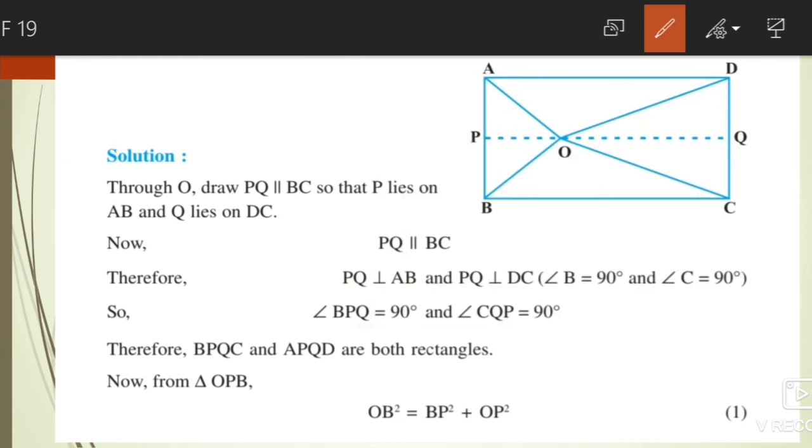Now, if you take triangle OPB, since this angle is 90 degrees, OPB is a right angle triangle, so you can use Pythagoras theorem and state that OB square is equal to BP square plus OP square. Mark this as equation number 1.